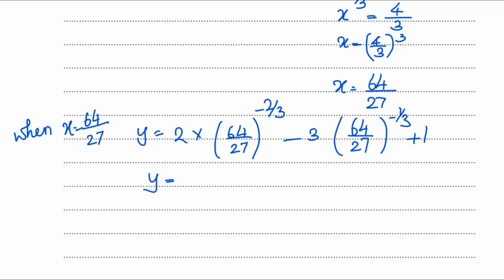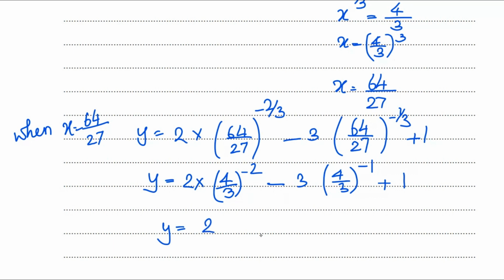Y is equal to 4 over 3 the whole power negative 2 minus 3 times 4 over 3 the whole power negative 1 plus 1.